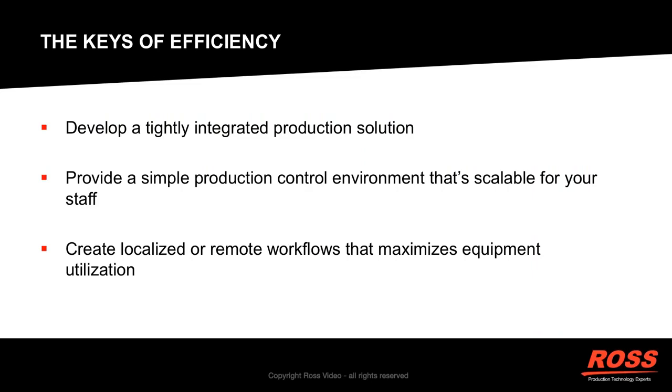So it's not simply I'm operating the production switcher, but what else do I need to operate at the same time when I run a particular event, whether it be on the production switcher or from the graphics system or from any other device. So providing a simple production control environment that's scalable is really essential moving forward. And we believe we have some ways to do that for you.